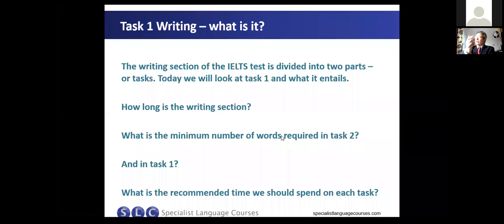So does anyone know the recommended time that we should spend on each task? How long should we spend on Task 1, for example, and on Task 2? Okay.